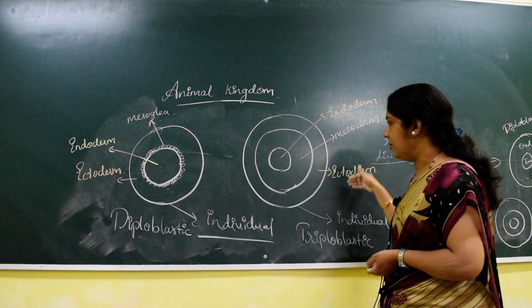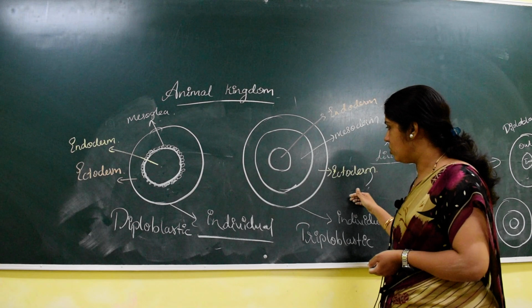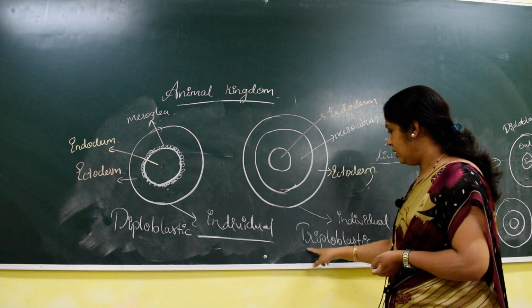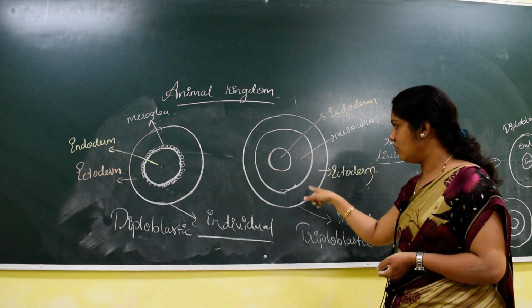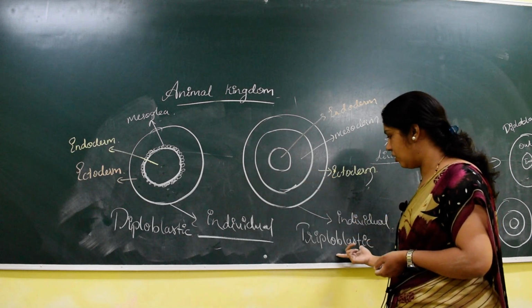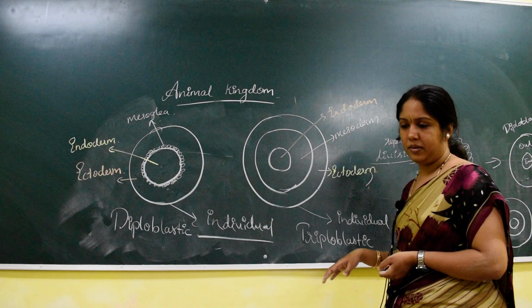These three germ layers give rise to a new individual, or develop into different parts of a body. They are called triploblastic.